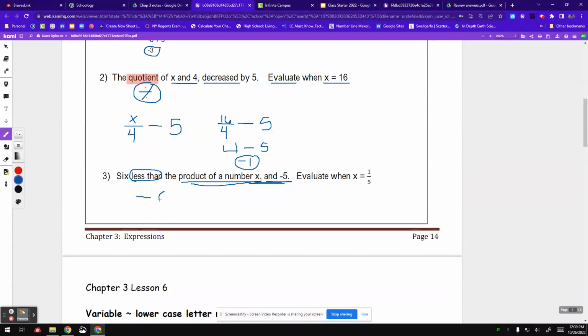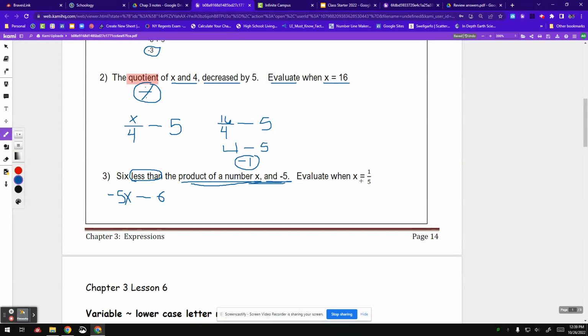This is what the order switcher does. It puts the 6 last, instead of in front like it's in front of the words. Less than tells me it comes last. We're going to subtract it from the product of -5 and x. So -5 times x. Okay, doesn't that fireworks just make math way more fun?